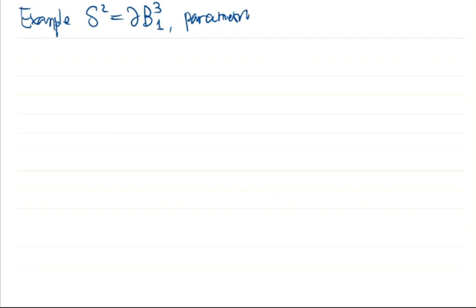So the sphere is S2. S2 is the boundary of the unit ball in three-dimensional space. For S2, we can take a parametrization. That is this map.